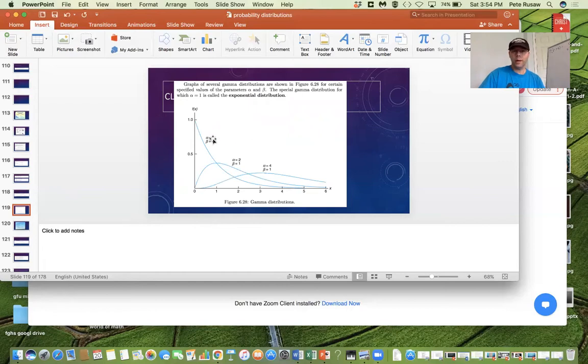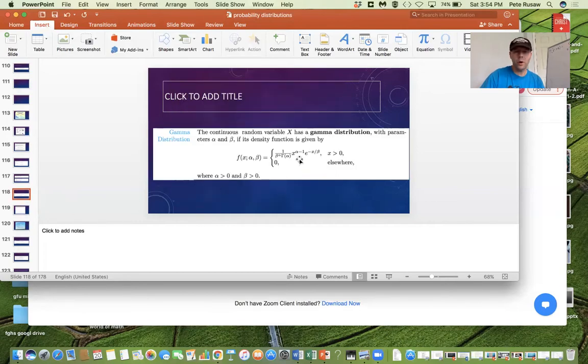If alpha is 1 on the gamma distribution, then we have an exponential distribution. It's actually kind of nice. If alpha is 1, then we get x to the 1 minus 1. So this x to something really just disappears and we get an oversimplified version of the gamma distribution. So if alpha is 1, it's called an exponential distribution.